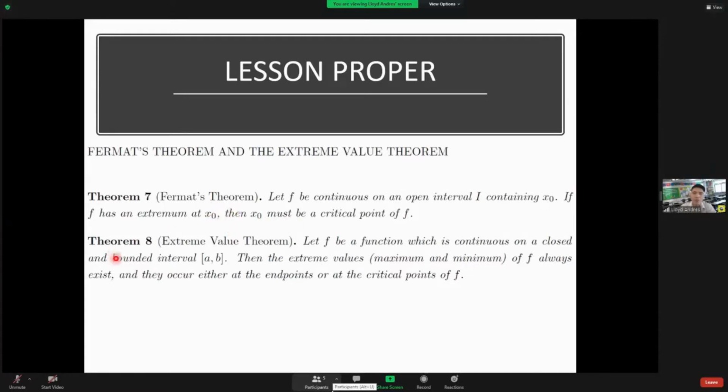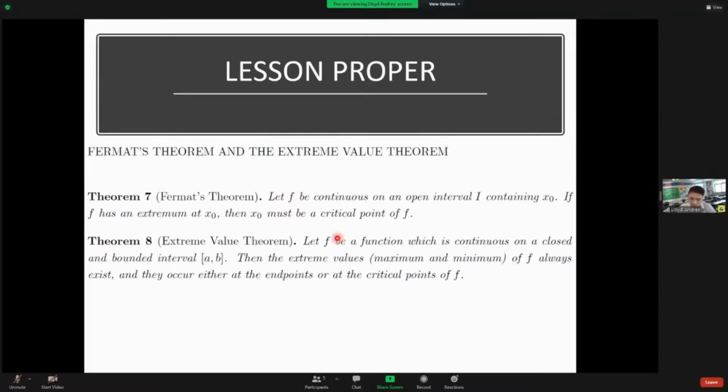Another theorem nga magamit nato is this extreme value theorem. Extreme value theorem states that let f be a function which is continuous on a closed and bounded interval from A to B. Then the extreme values, maximum and minimum of f always exist. And they occur either at the endpoints or at the critical points of f.